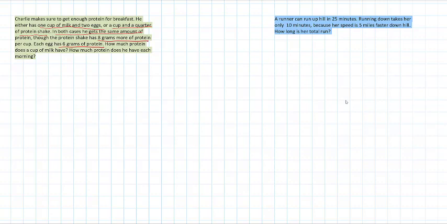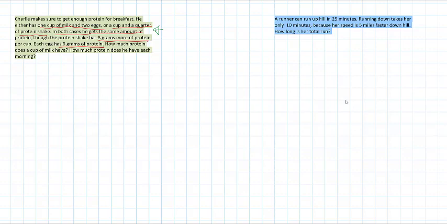Okay, so there's a lot of information here, and we will parse it slowly. We'll look at all the data we have. So first off, we know that he has 2 different kinds of breakfasts, but there is something in common. He always gets the same amount of protein.